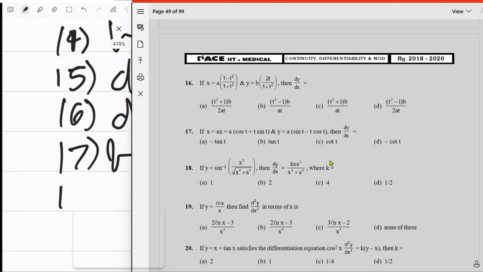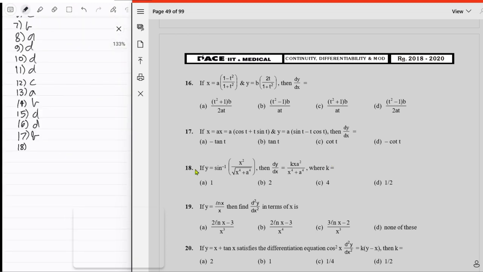18th. 18 is if y equal to sine inverse of x square upon square root of x power 4 plus a power 4, then dy upon dx is, okay, I have seen that somewhere. It's this thing, right? x square upon square root of x power 4 plus a power 4, it should be just tan inverse of x square upon a square, because positive numbers and everything, so it's in the first quadrant, then y is just this.